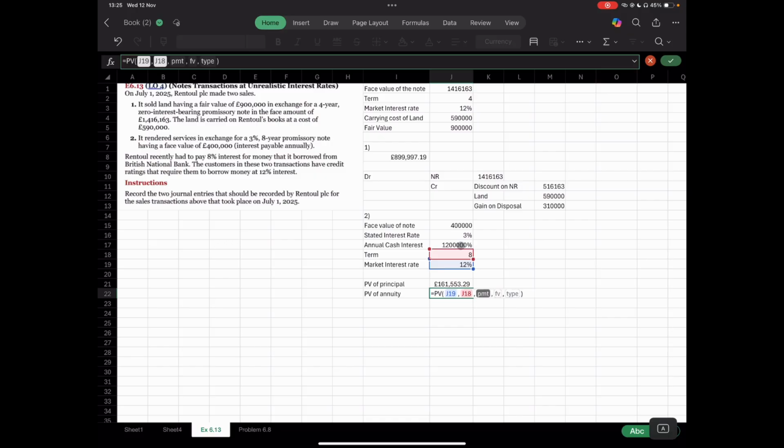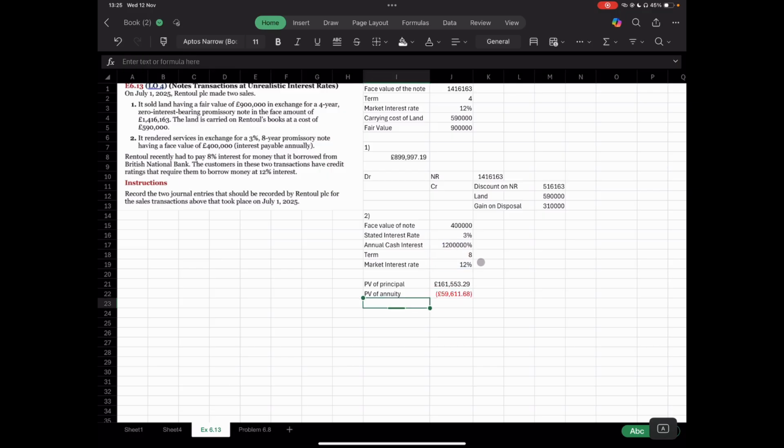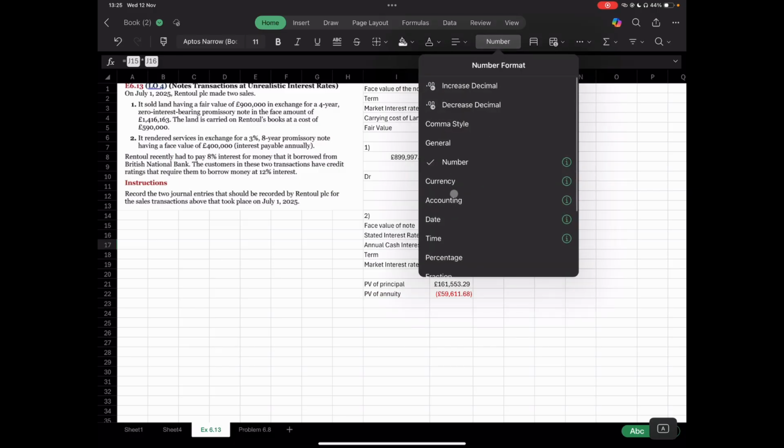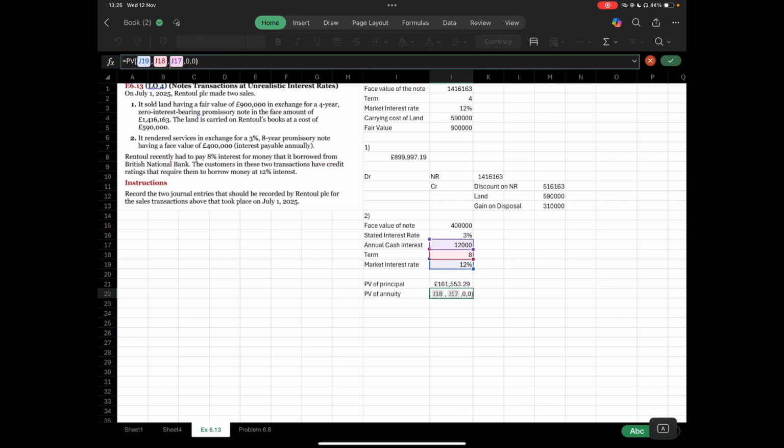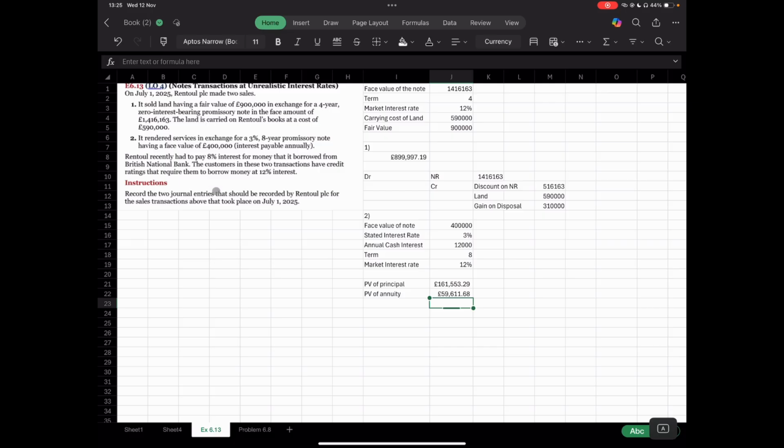I'm going to change annual cash interest because for some reason it now shows a percentage when it's supposed to show the numbers. Future value is 0. Here we have the present value of principal and present value of annuity.